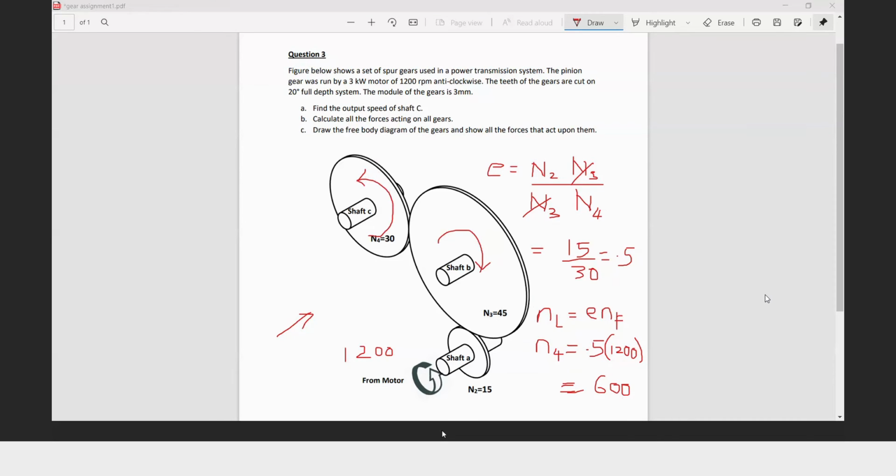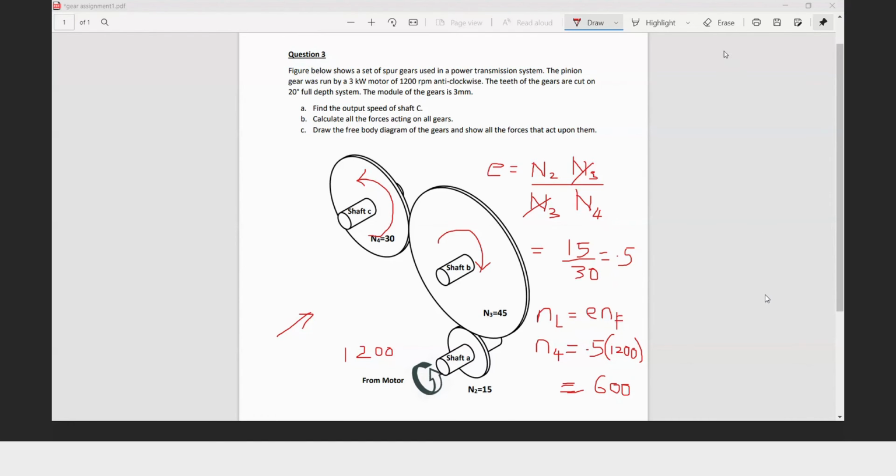What about this one? What about the second one? The second assignment I gave you. That was gear assignment 1, so now gear assignment 4.